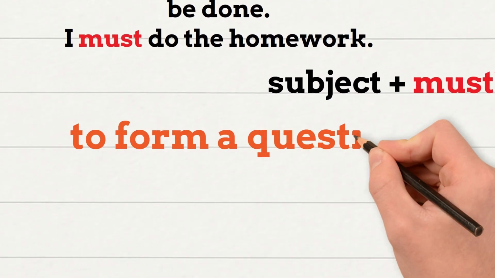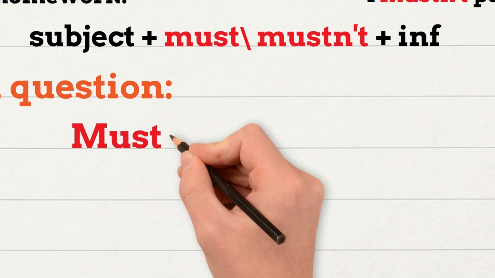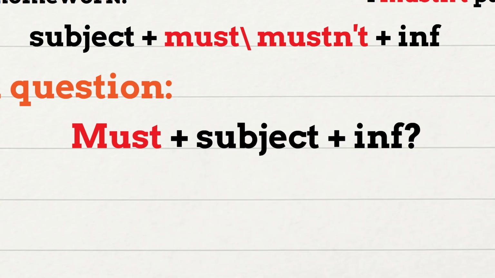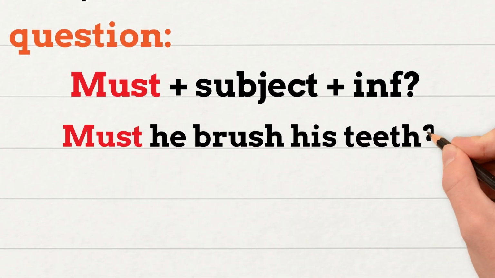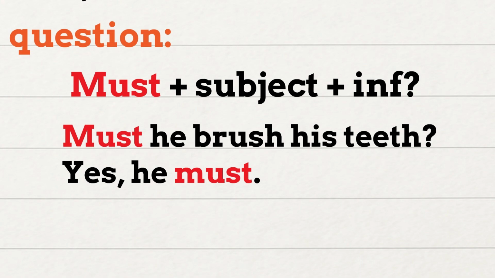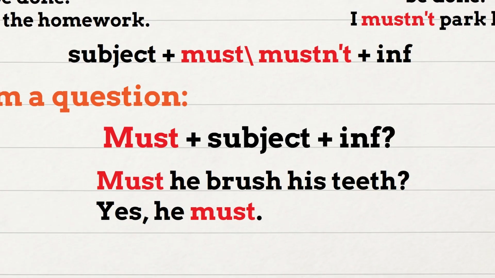To form a question, start with must, then the subject, then the infinitive. For example, must he brush his teeth? The answer is yes, he must.